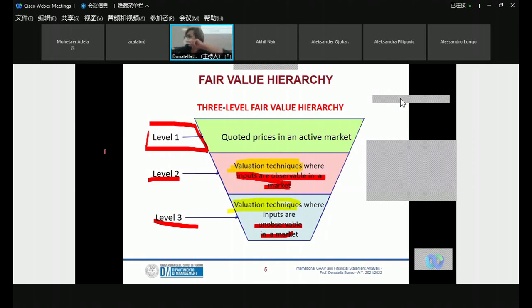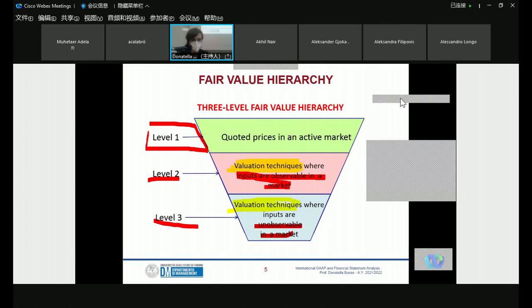And if the inputs are observable in the market, this means that if I compute the present value, or if you compute the present value, first, we use the same valuation technique. Second, we use the same inputs. So what about the result? The fair value will be the same. Do you agree?